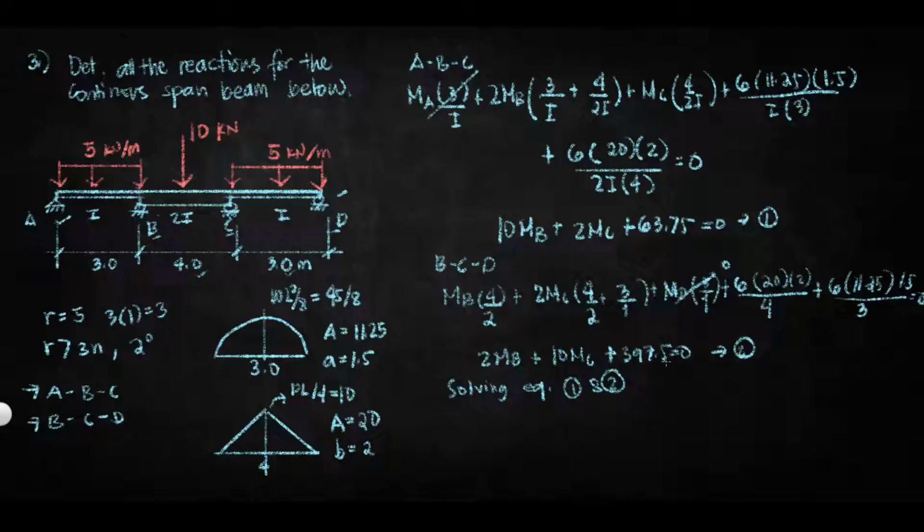Okay, so we have here a correction. This is 1.5. So ang input ko sa calcu is 15. So this is wrong. Ito, correction po natin yan. Then dito we have kulang yung 2.